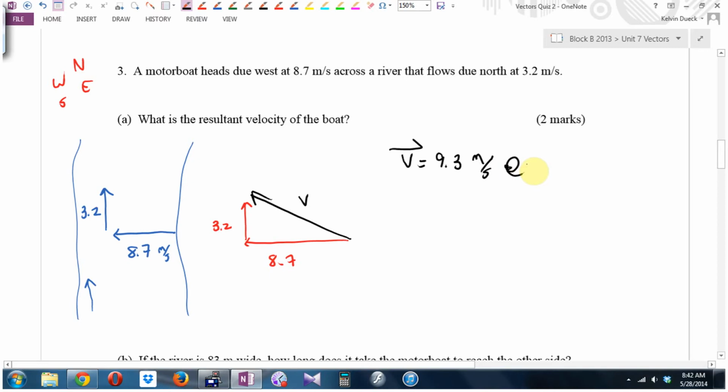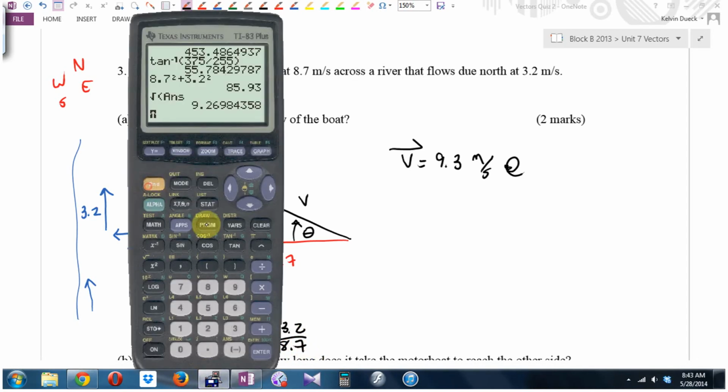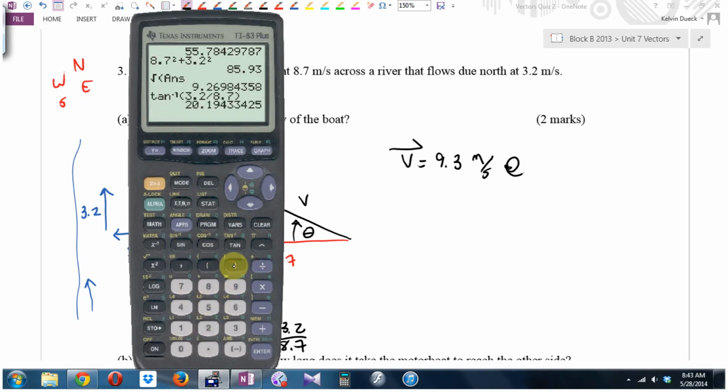That gets you 1 mark. At, there's theta, opposite, adjacent, I'll go 20 degrees.